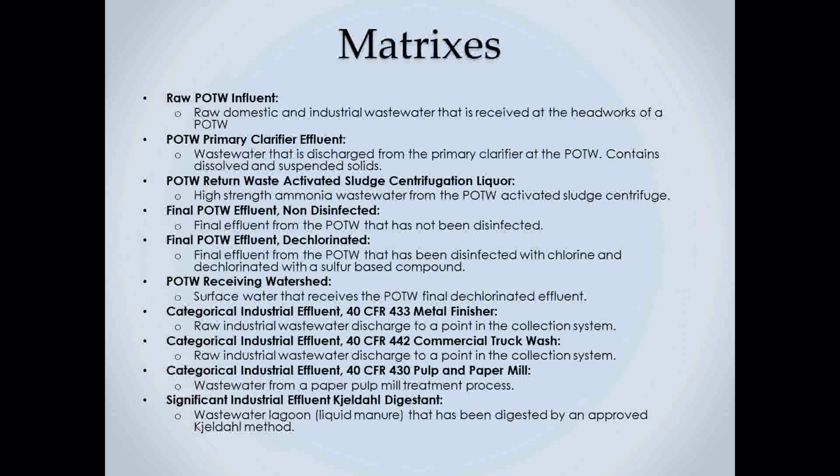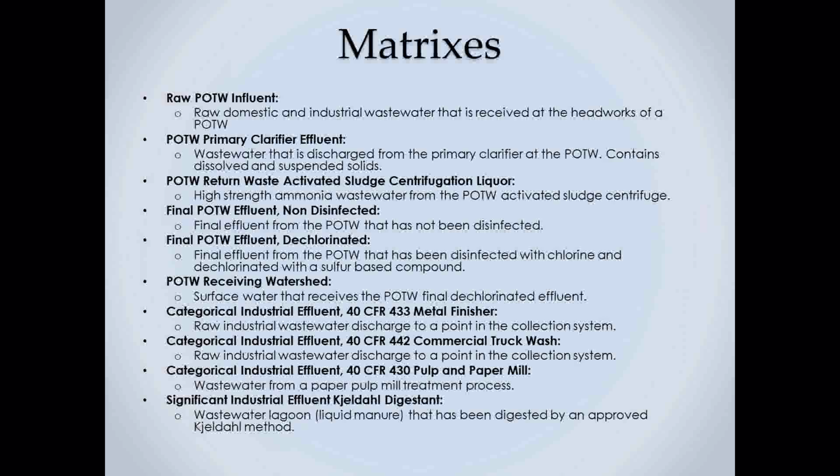So this is fairly aggressive material. So we have a metal finisher. That's 40 CFR 433. That's a categorical one. We have a commercial truck wash, which is a facility that cleans out the inside of tankers, so you don't know what they're cleaning out, except it can't be RCRA waste and such. But any type of material, and it has a lot of detergents in it, something that will challenge the extraction membrane.